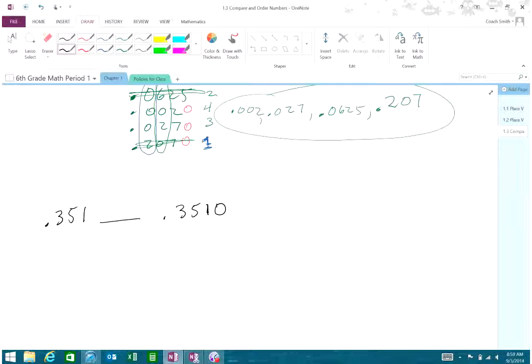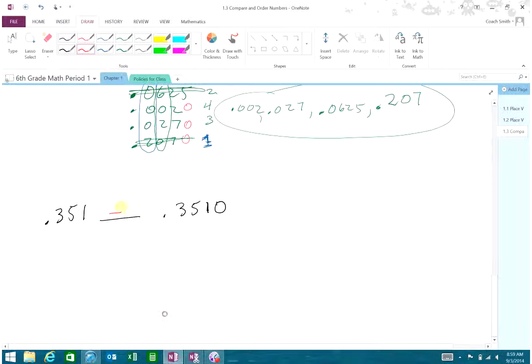The reason it's the equal sign is because if I put those two numbers together vertically, and I make them have the same amount of digits by adding a 0, then they're exactly the same number. And so that's why they are equal.